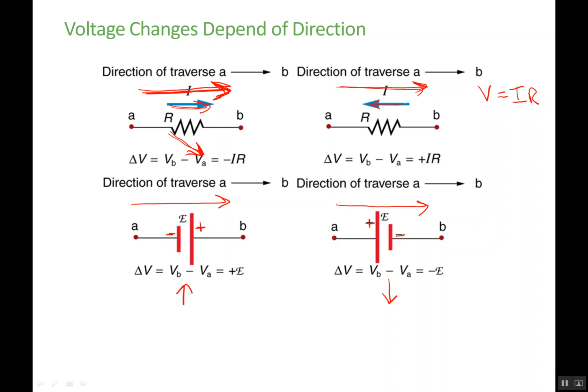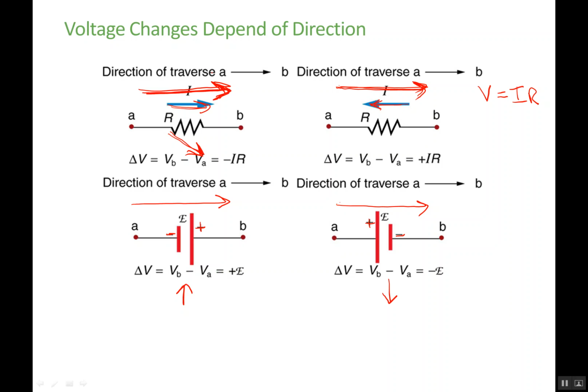It would be like going up a waterfall and encountering water that has more gravitational potential energy at the top than at the bottom. You're going uphill in terms of voltage when you're crossing a resistor going against the flow of current.